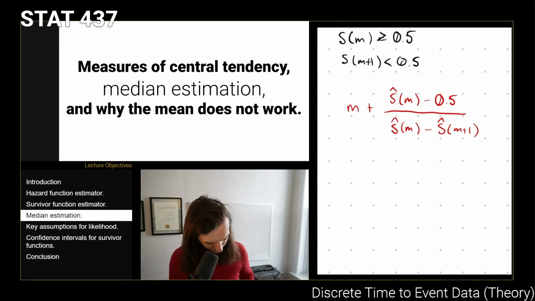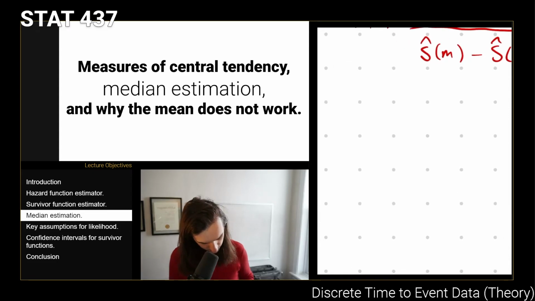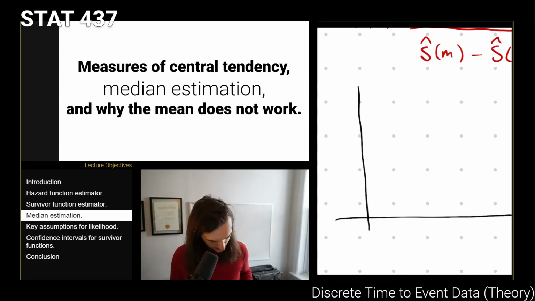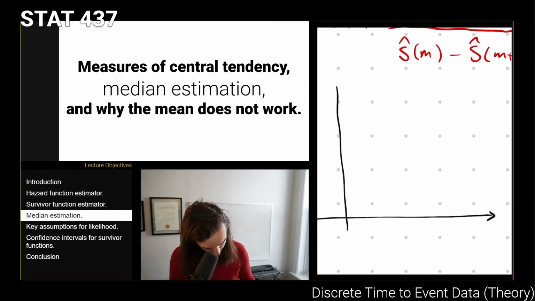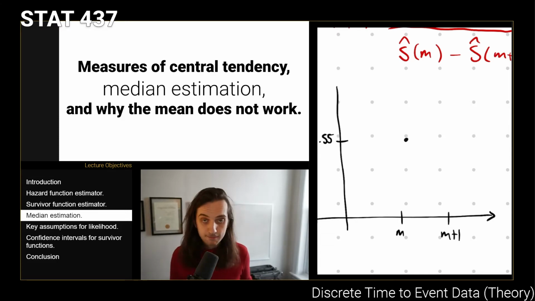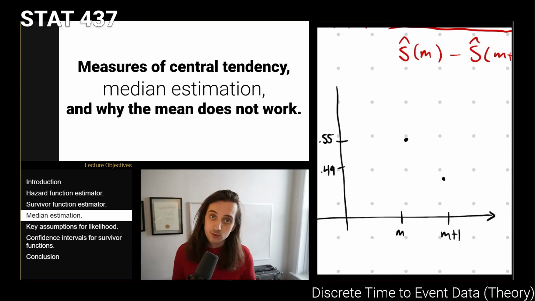To make this a little bit more clear, let's say we have some sort of plot here. We have a value m, and a value m plus 1. Because this is discrete data, maybe up here we have, say, 0.55 at m, and then at m plus 1, we're down here at, say, 0.49. Okay? We know that the true median falls somewhere between m and m plus 1, but we don't know exactly where.